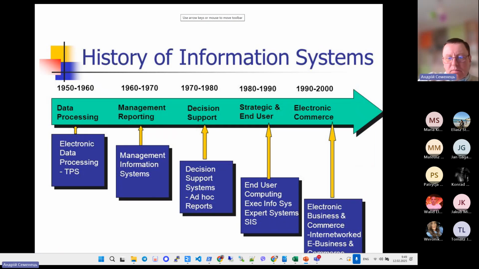Speaking a bit about history, it has changed a little in recent years. It started in the 1950s and 60s with some basic data processing and transaction processing systems, to start collecting data in digital format.